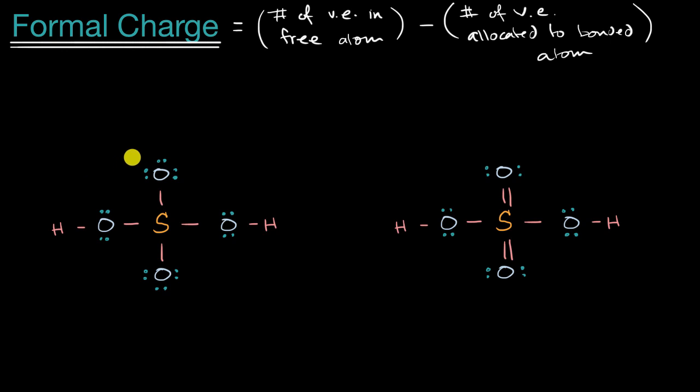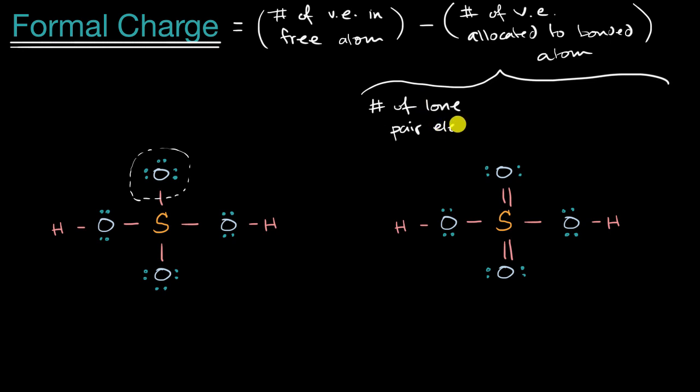Well, the way we think about it is, let's just pick this oxygen up here. What we imagine the valence electrons allocated to the bonded atom to be is the lone pair electrons. So it's going to be the number of lone pair electrons plus 1/2 of the number of shared electrons.